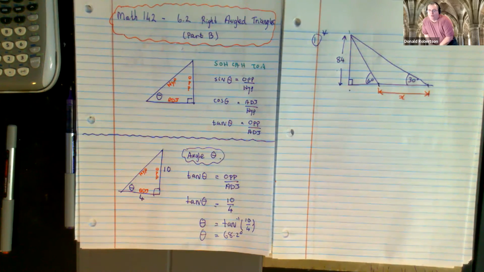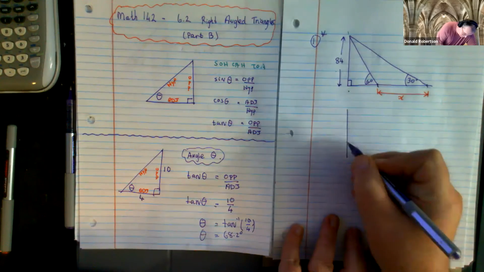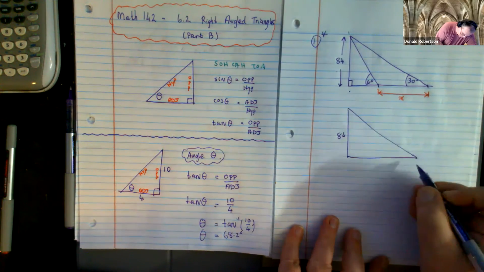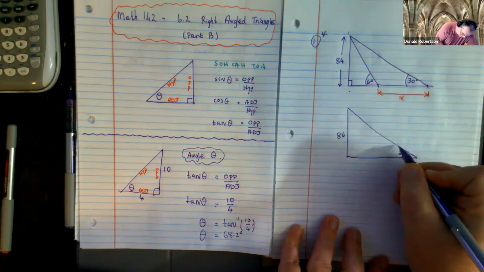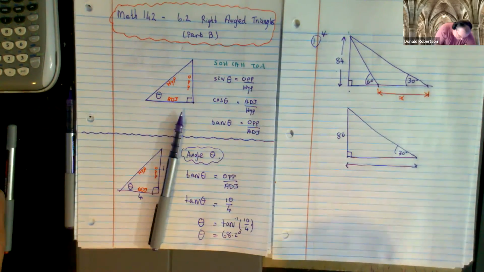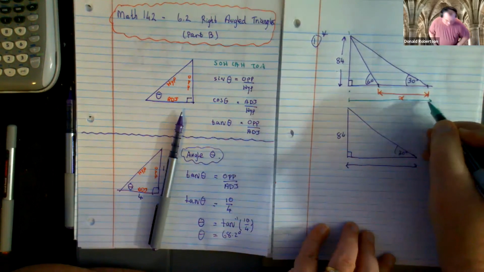I can't do this in one go. What I'm going to do instead is I'm going to find that distance there, and that would correspond to here to here.